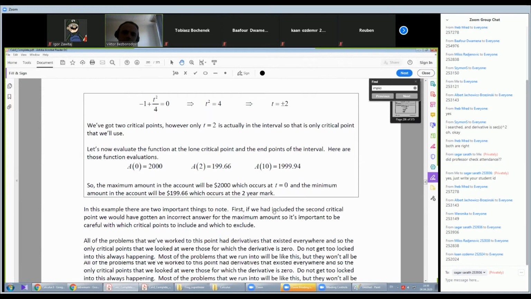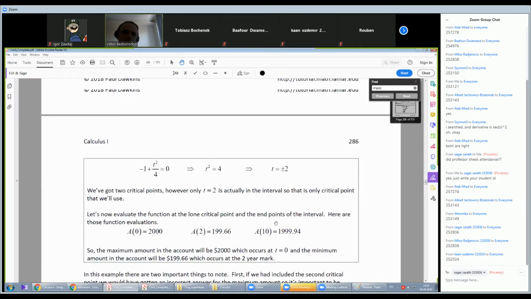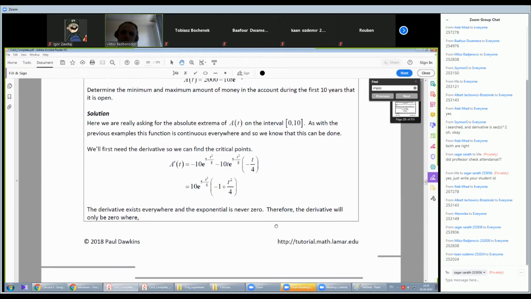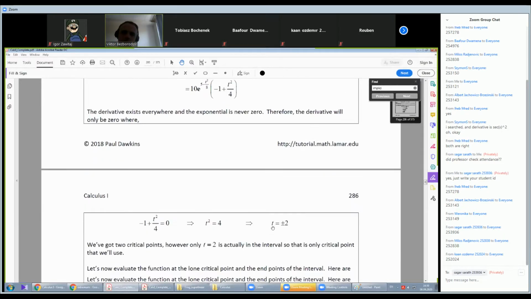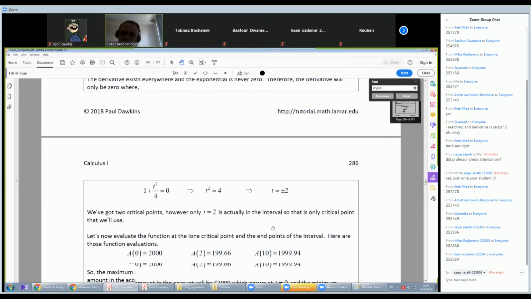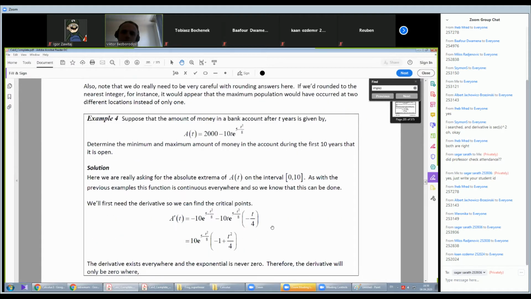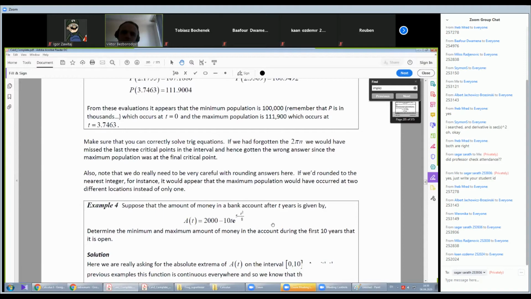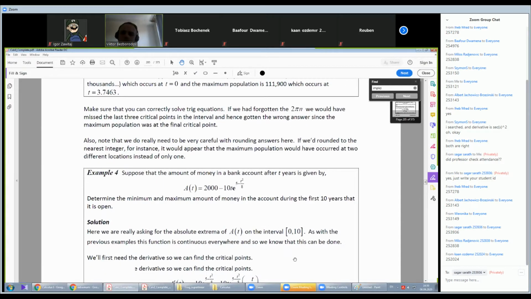Okay, so that is one example. There are more examples here, so maybe you could also have a look. If you feel that you need to look further, then have a look at further examples.